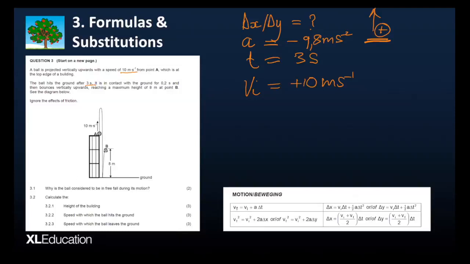Remember, we are supposed to calculate our height, that is delta x or delta y. So let's have a look at our equations. Which one of the equations has delta x or delta y? This one has it. Also, this one has it, as well as this one, right? Let's choose amongst the three which one will be the best. Fine. All these have got delta x, right?